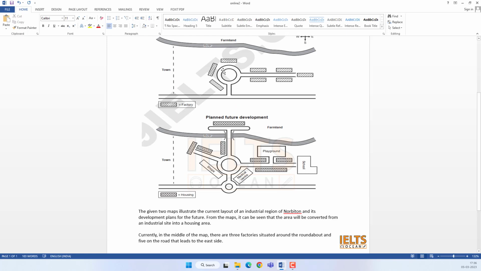So here you can see there are three factories near the roundabout and five on this road that is in the east side.